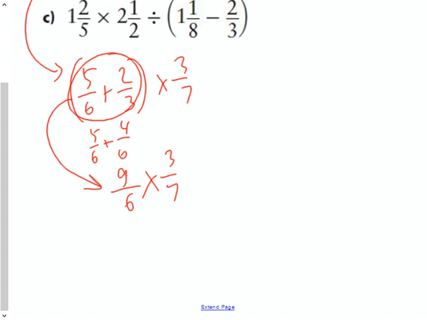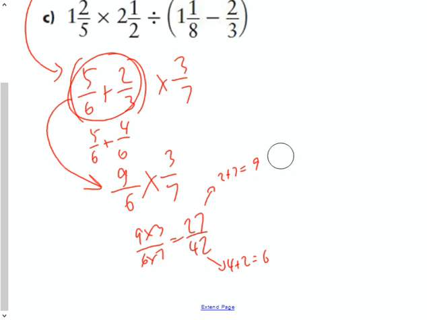I'm not going to cross reduce even though I should. 9 times 3 over 6 times 7 will give you 27 over 42. And if you thought that was lowest terms, you're wrong. Because remember, a number is divisible by the number 3 if you take the number and add the digits, and if the sum of the digits of the number is a multiple of 3, then that number is divisible by 3.